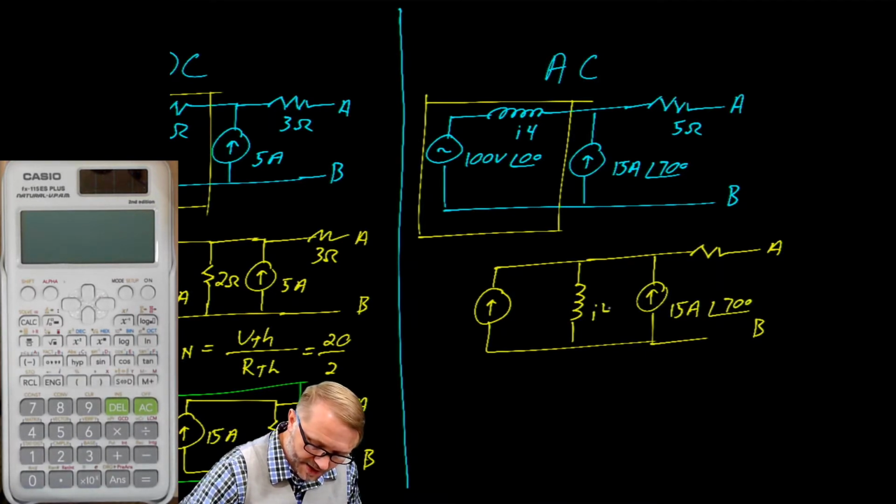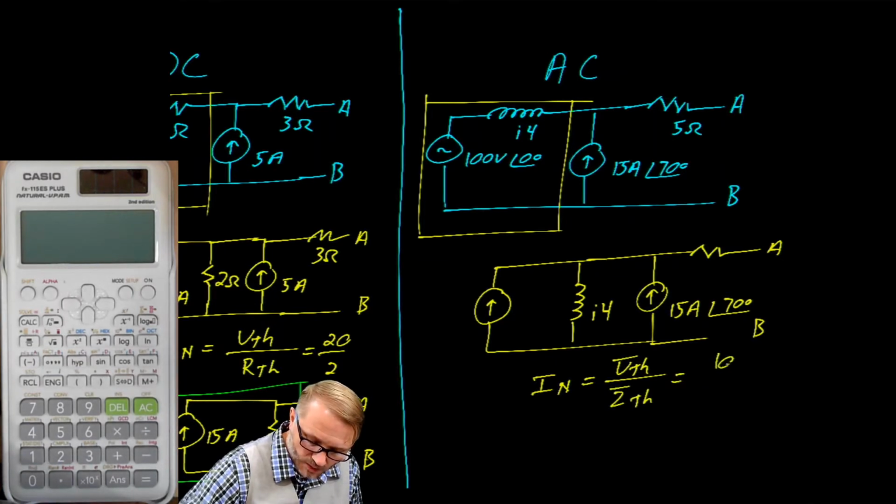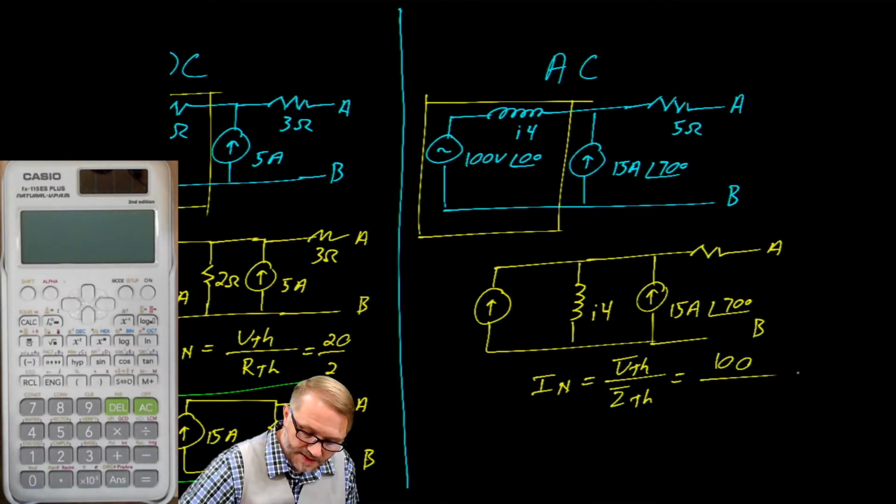And this is J4. A Norton current is equal to a Thevenin voltage over a Thevenin impedance. In this case, it's 100 angle 0 divided by J4.